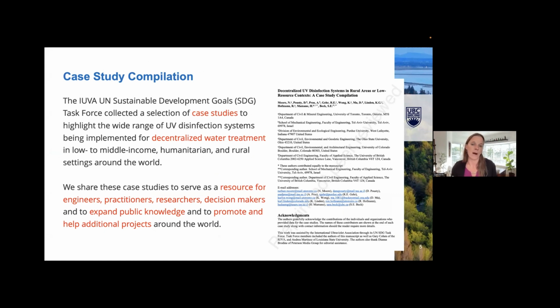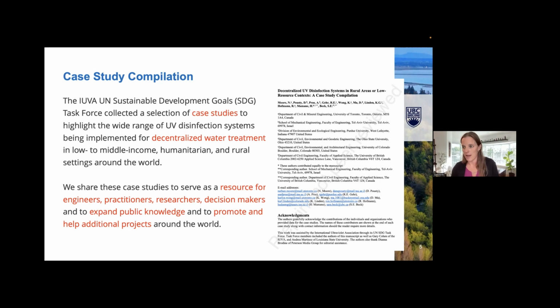It has not yet been published, so we're actually making some changes mainly to the conclusion and resubmitting it for publication. But basically the goal of this case study compilation is we want this to be the initial knowledge base, the initial repository for information about where UV systems have been used in low resource situations. So that can cover a broad scope.